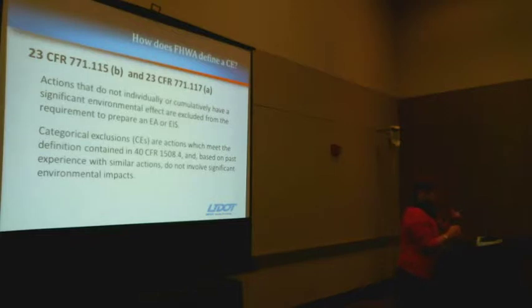So FHWA in their regulations has defined it a little bit further than that. It has to meet the requirements of the earlier statute, but then also based on past experience, based on past projects, in the regulations, FHWA has come up with a list of projects that are typically considered a CE.